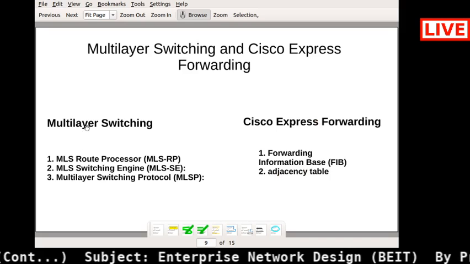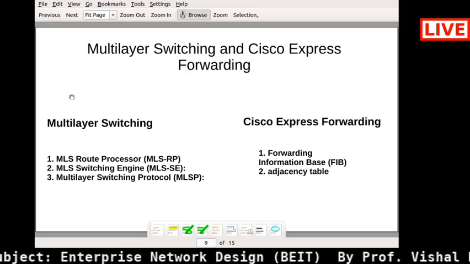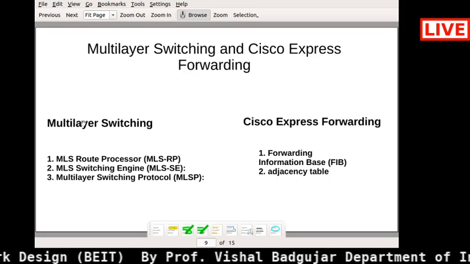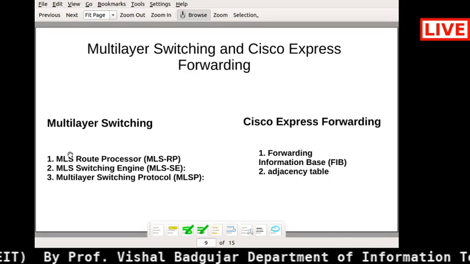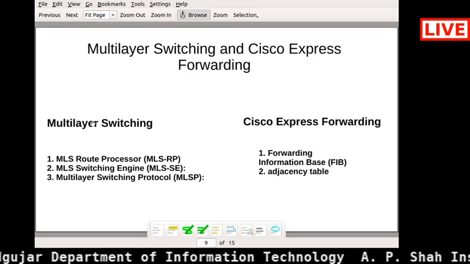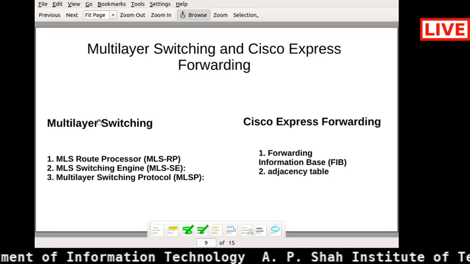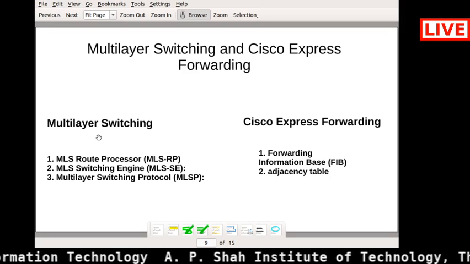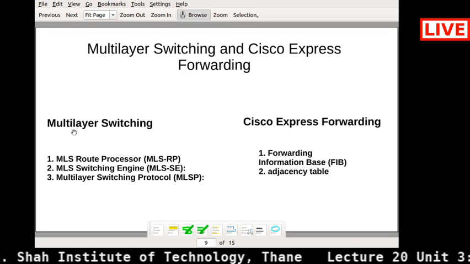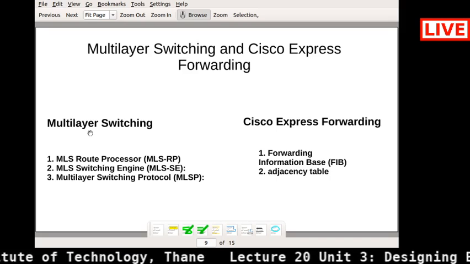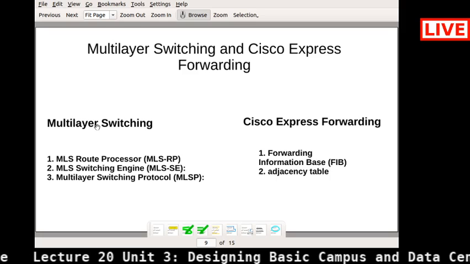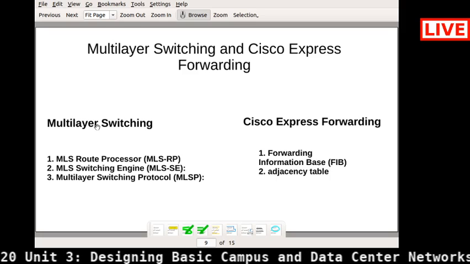Multi-layer switching, as the name suggests, allows switching at different protocol layers. For example, you can perform switching at layer 2, layer 3, or sometimes layer 4 as well.